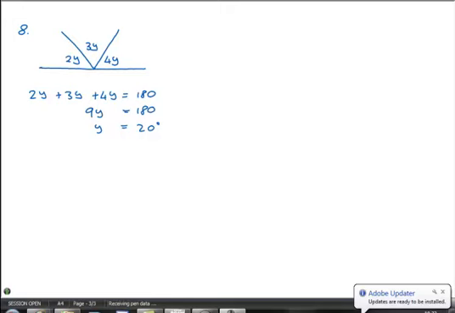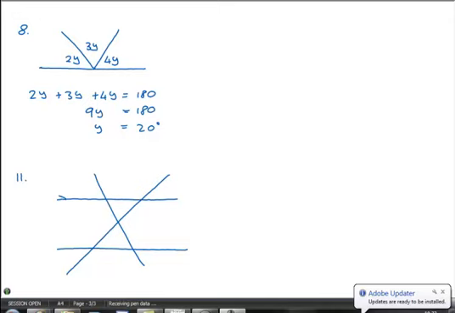Let's go down and have a look at number 11. So number 11, again, you've got two parallel lines, but you've got transversals. You've got two of them.